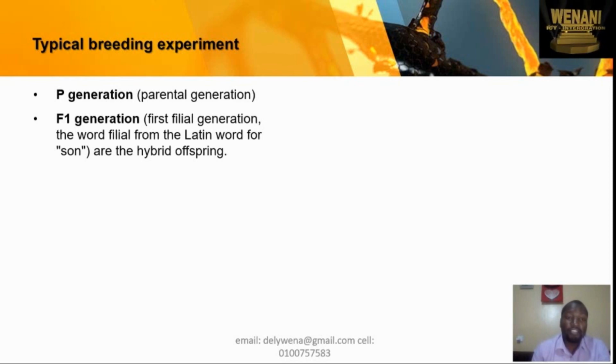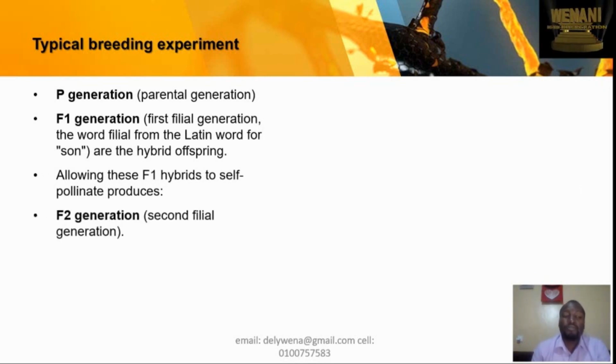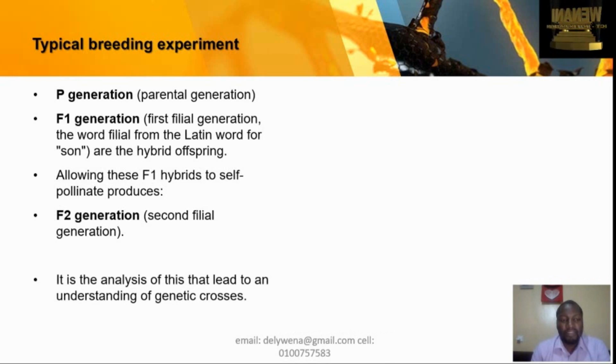F1 generation are actually the first filial generation, and the word filial is from the Latin word for son. Then allowing these F1 hybrids to self-pollinate, and therefore producing the F2 generation, what we call the second filial generation.